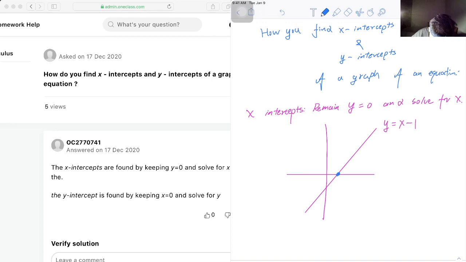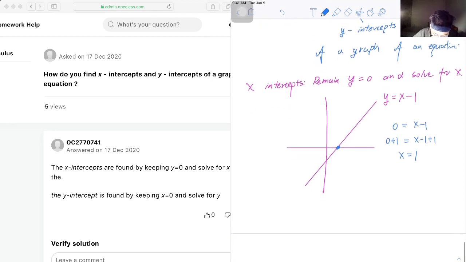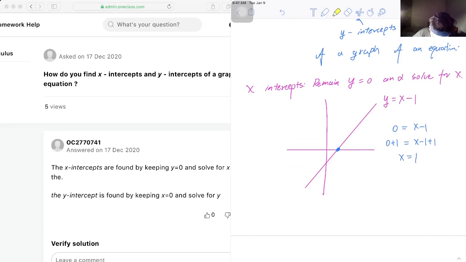So in our case, that will be 0 is equal to x minus 1. And then we plus 1 on both sides, which will give us 0 plus 1 is equal to x minus 1 plus 1, which is x is equal to 1. And now we have our y coordinate, which is 0, and we have our x coordinate, which is 1.